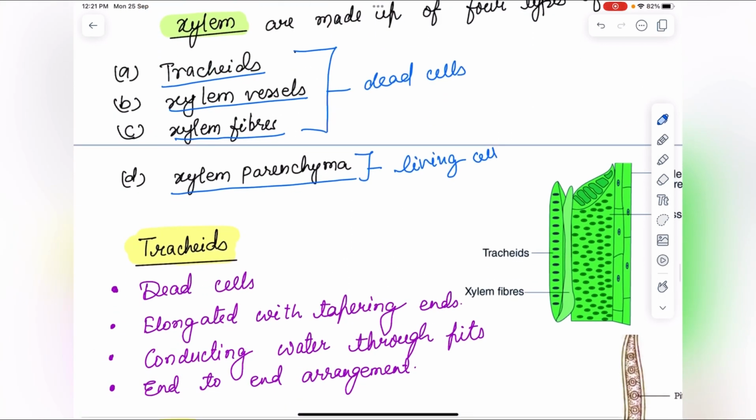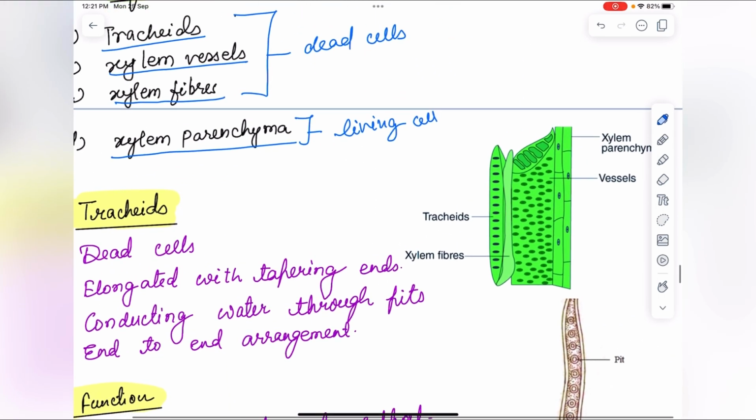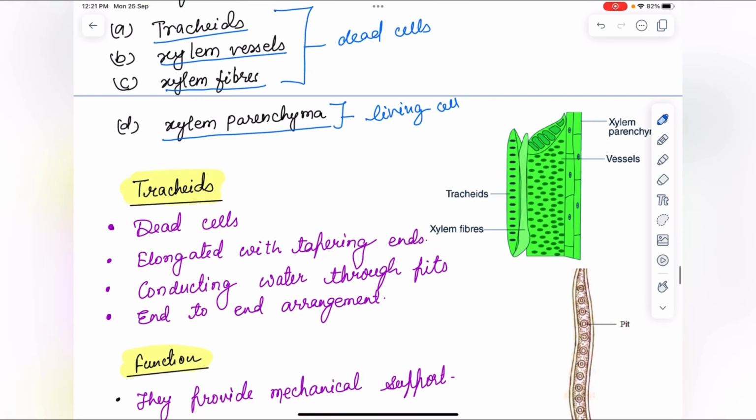Now we'll start with the tracheids. See here, this is the structure of xylem.